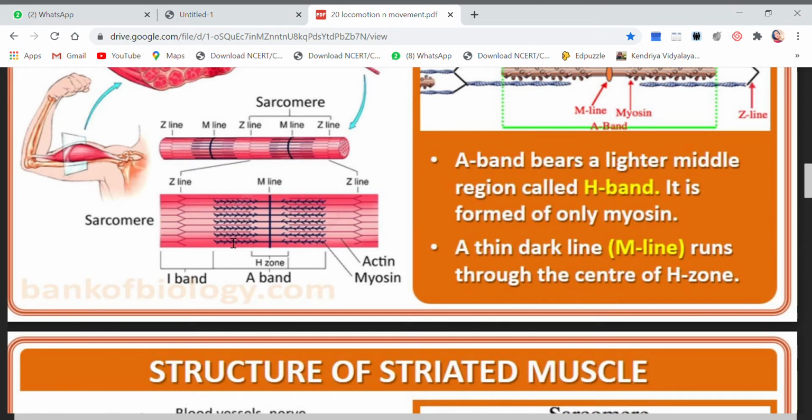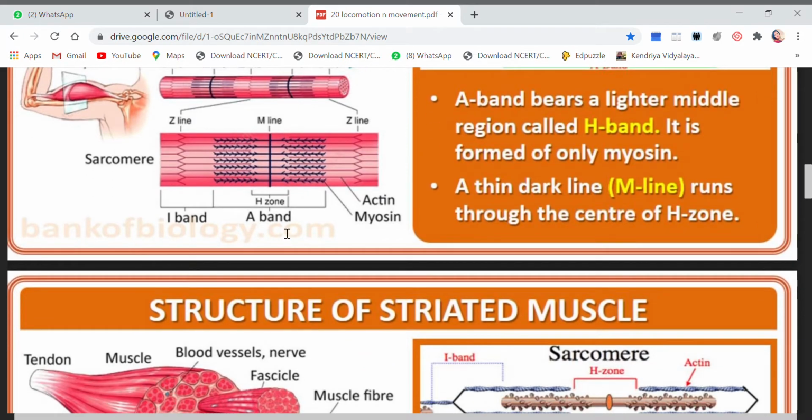The dark bands are A band, and these are made up of both actin and myosin. In the center of the dark band, there is a lighter area called H zone, and a line called M line passes through the center of the H zone. This is the structure of the sarcomere.